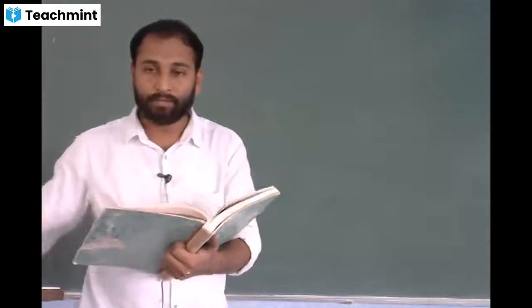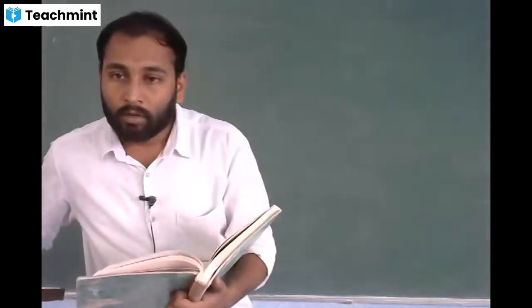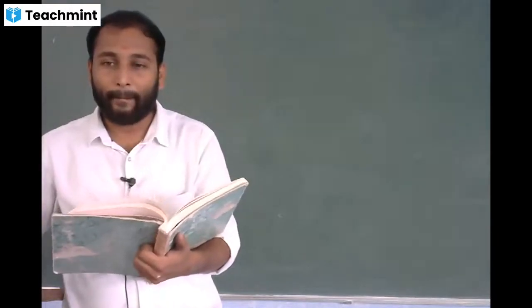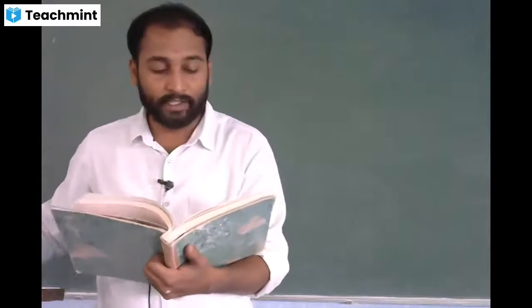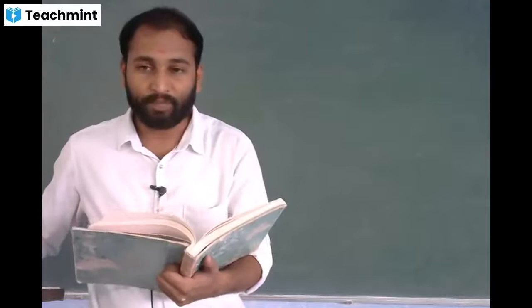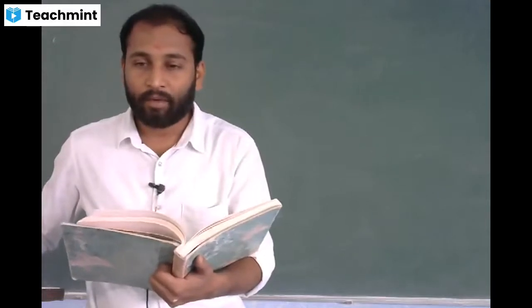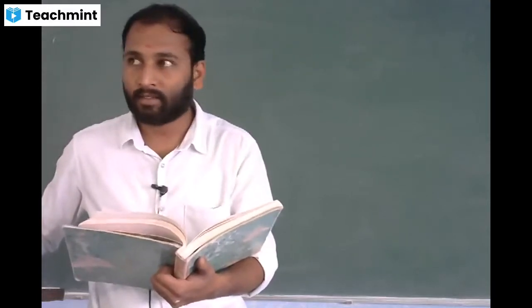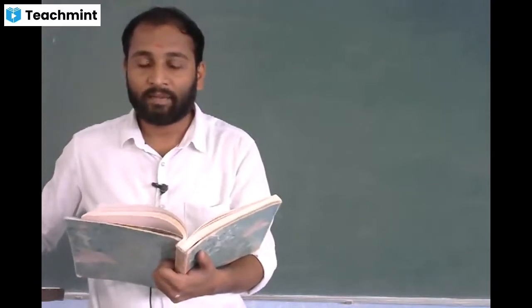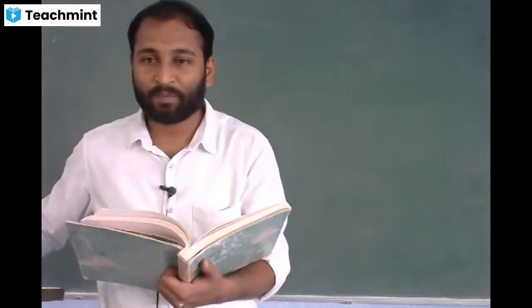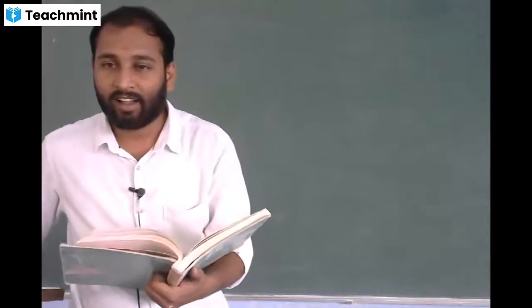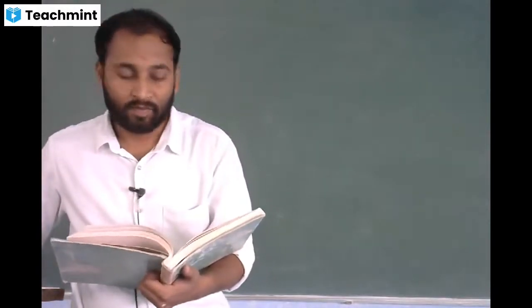So next question, Vivek Jain. The least distance of distinct vision for a young adult with normal vision is about... 25 centimeters.